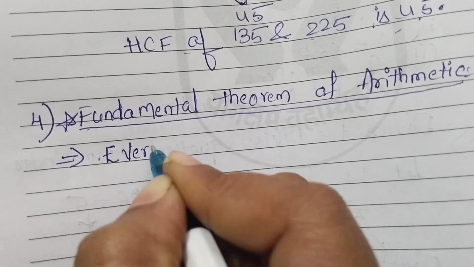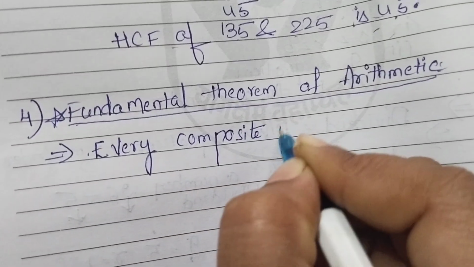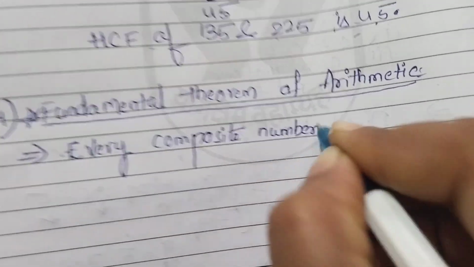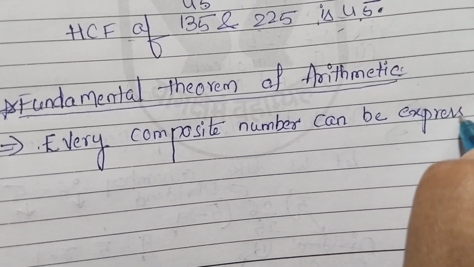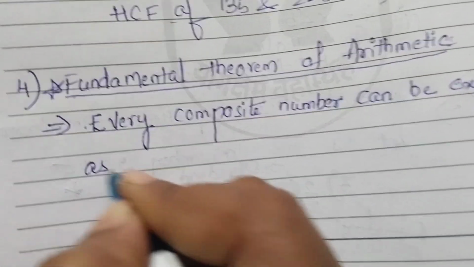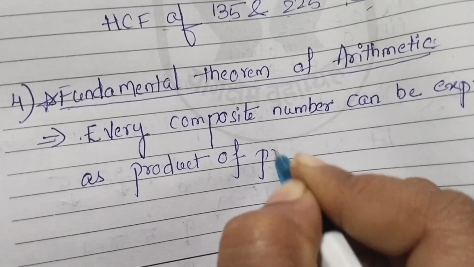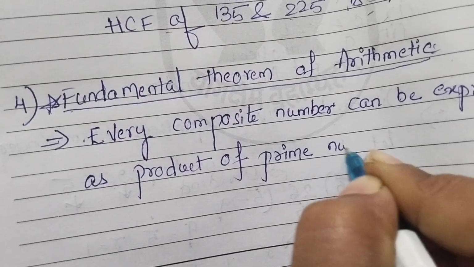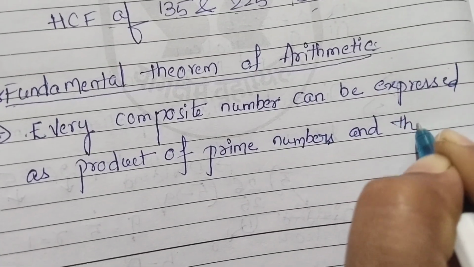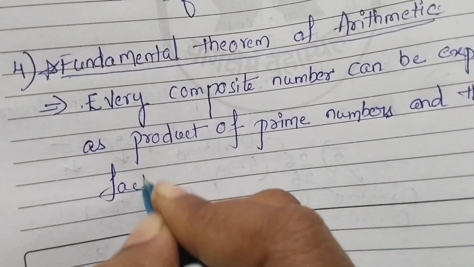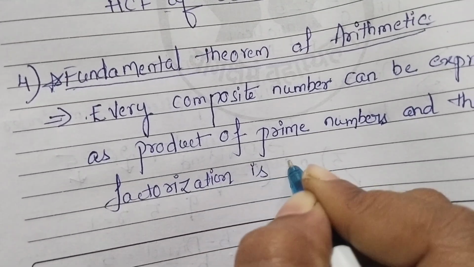Every composite number can be expressed as a product of prime numbers, and this factorization is unique.